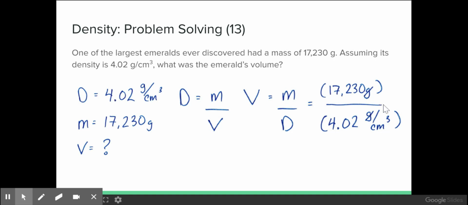I'm going to perform this math operation. 17,230 divided by 4.02. And if I round to the correct number of significant figures, 4,290. 3 sig figs. I started with 3 significant figures. And that's my answer, with a unit, centimeters cubed. It's helpful to put those units into your work to remind yourself that your final answer must have a unit.